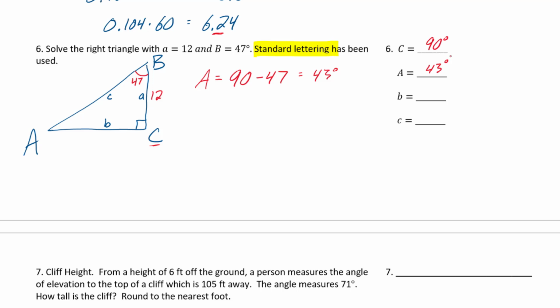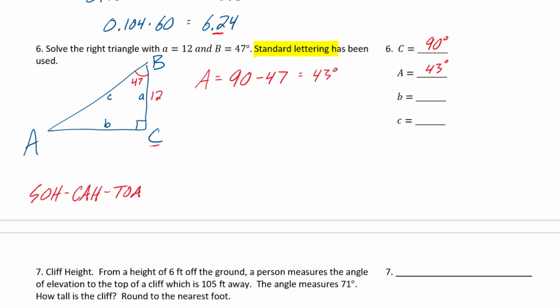Anywho, now from here to solve for the side lengths, the best thing that we can do is utilize SOHCAHTOA. So once again, if I just write that off to the side here, I'm not going to do it the same as before. I'll just get at least those letters out so I can recognize what I need or what I have. I have the side A, and it kind of depends on which angle we want to reference, the 47 degrees or the 43 degrees that we just found.